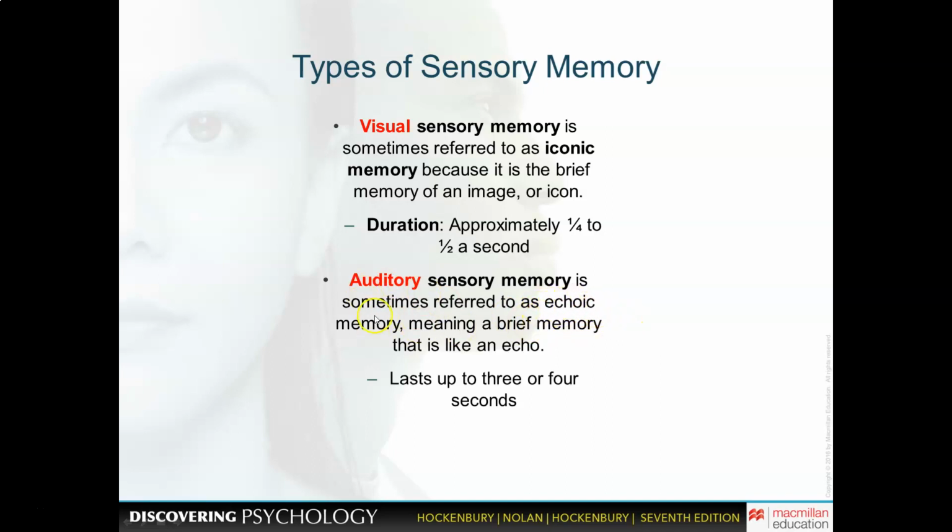It comes from the word echo, meaning a brief memory that is like an echo. And that lasts a little bit longer than visual information. And so that can last up to 3 or 4 seconds. A lot of you may be surprised to actually learn that. A lot of my students actually write about that in the discussion forums.